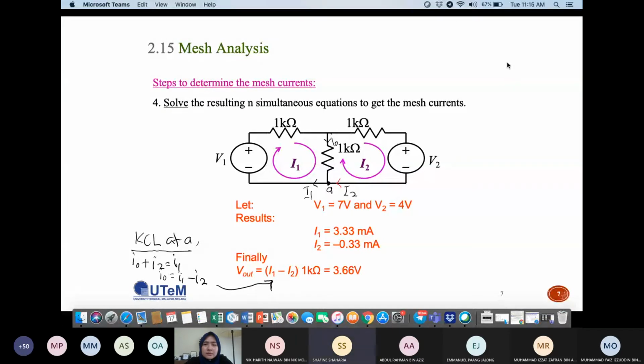Actually, I want to ask about the voltage divider rule. We saw it. So if the voltage is opposite of the loop, then there will be V2 minus V1 or V2 plus V1. Sorry, can you repeat your question? In here, the current is going according to the loop I1 and I2.